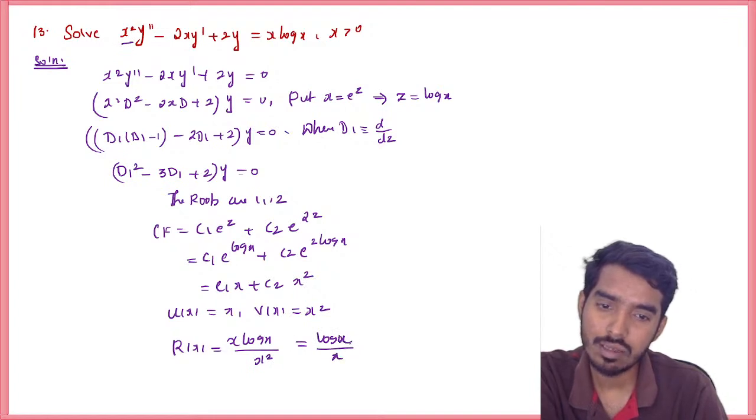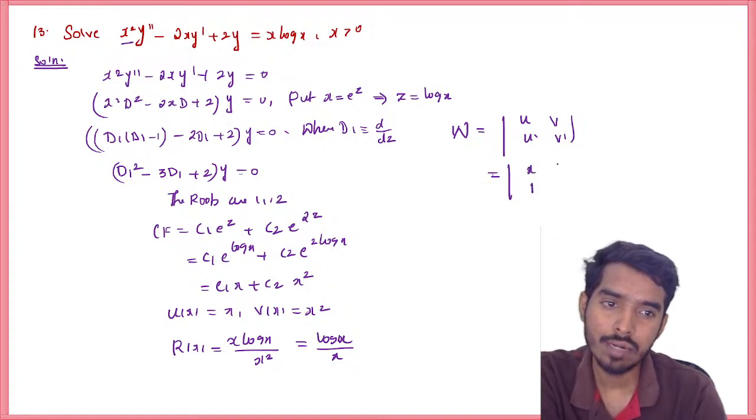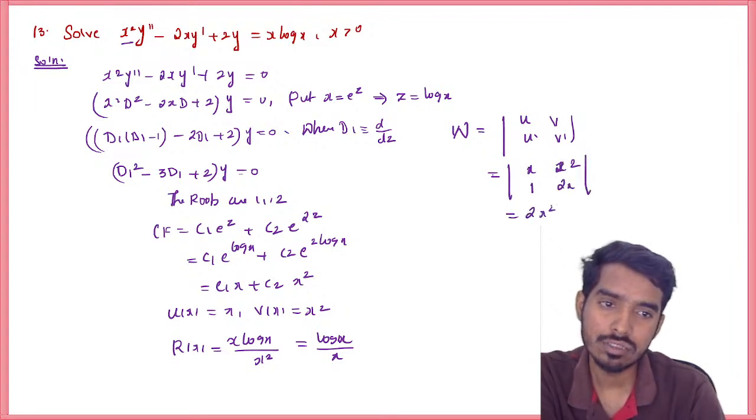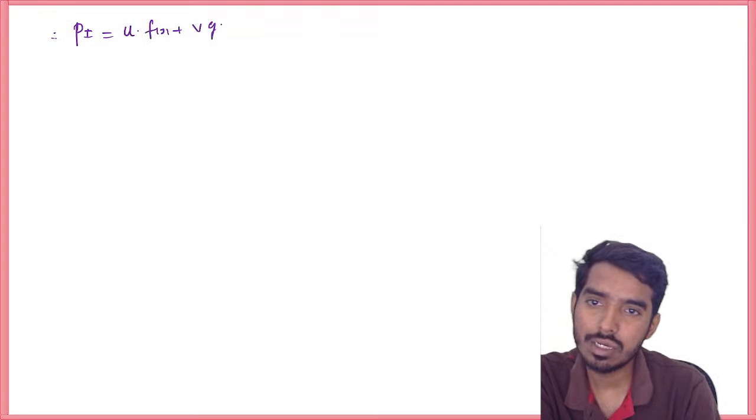Now what is your Wronskian? The Wronskian is u v' − u' v. u is x, its derivative is 1, v is x², its derivative is 2x. So x³... minus x², that gives x², which is our Wronskian.